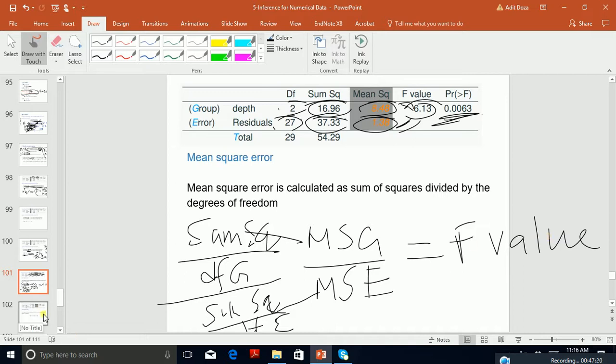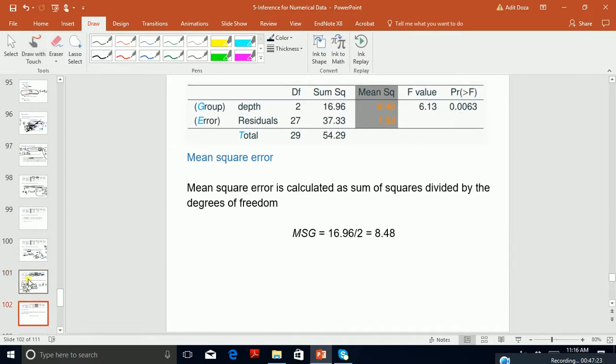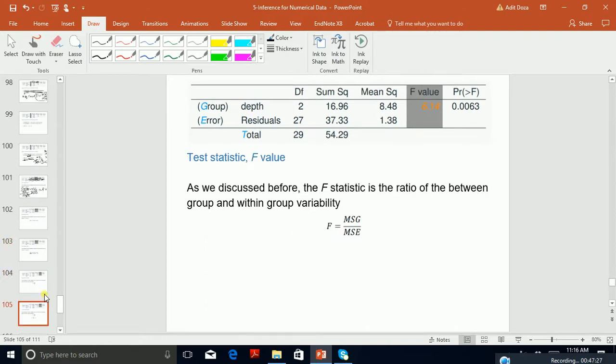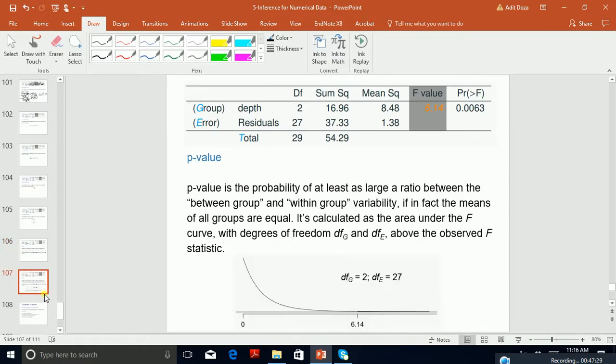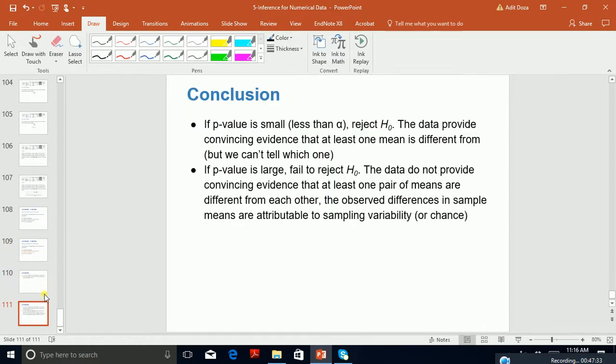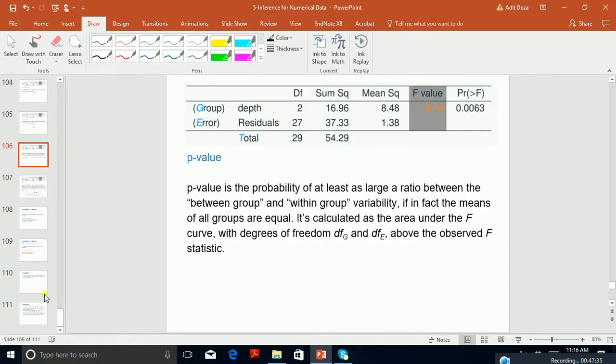And let's look at the f table. So when we are calculating the f table, I will also give you guys the f table, in fact I am going to show you guys right now.